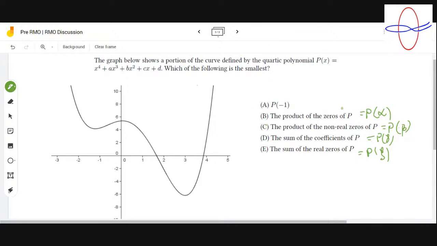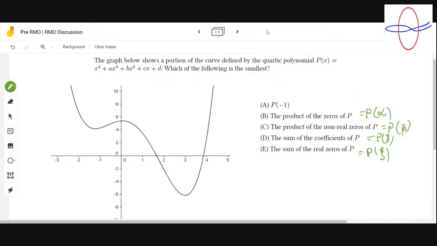So try to understand this with respect to some value of P. Can someone tell me what is the product of the zeros in terms of P of alpha? D, right?